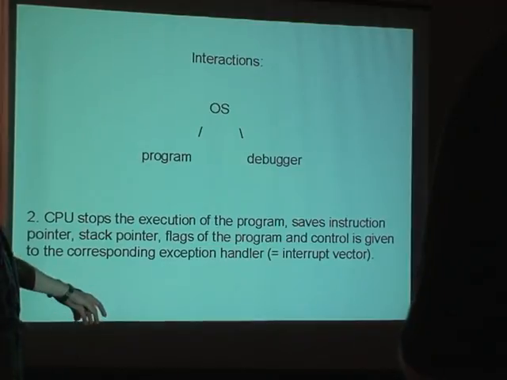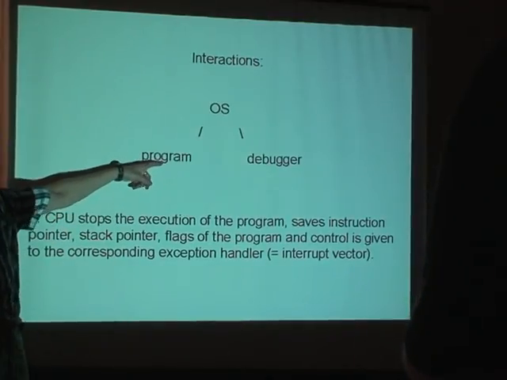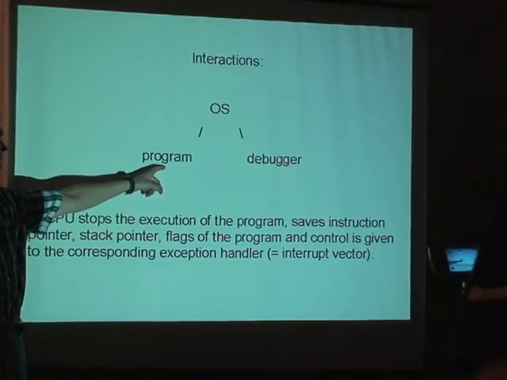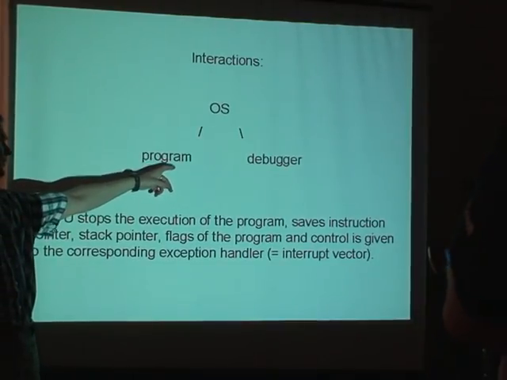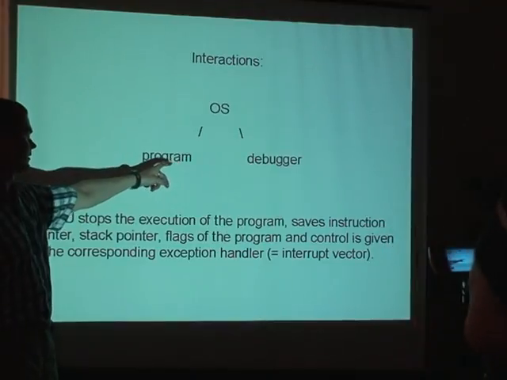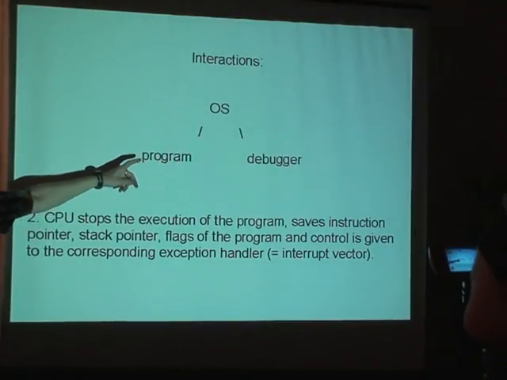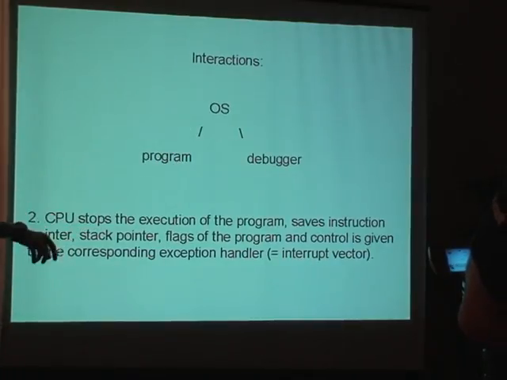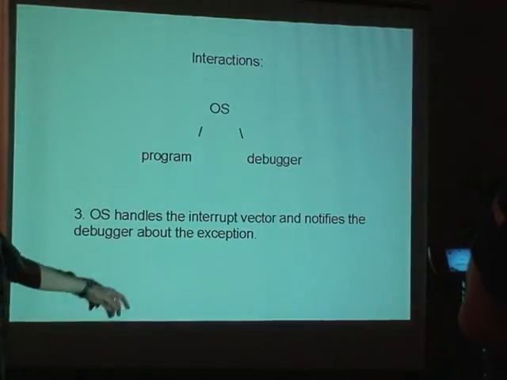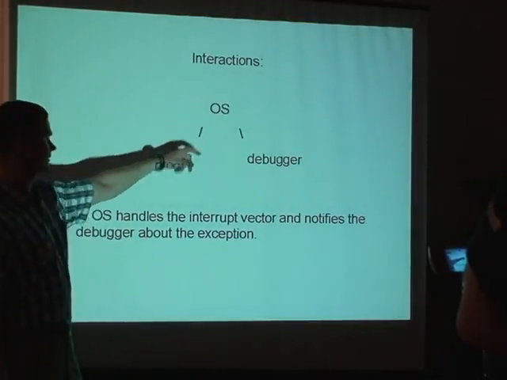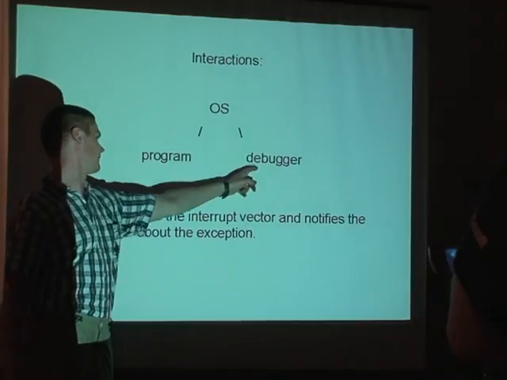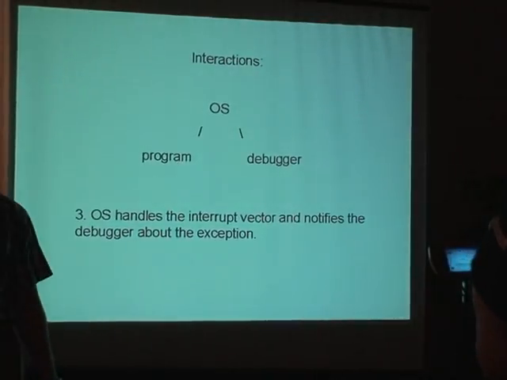Then the CPU stops the execution of the program, saves the program's instruction pointer, stack pointer, and flags, and the control is given to the corresponding exception handler or interrupt vector. Then the operating system handles the interrupt vector and notifies the debugger about the exception.